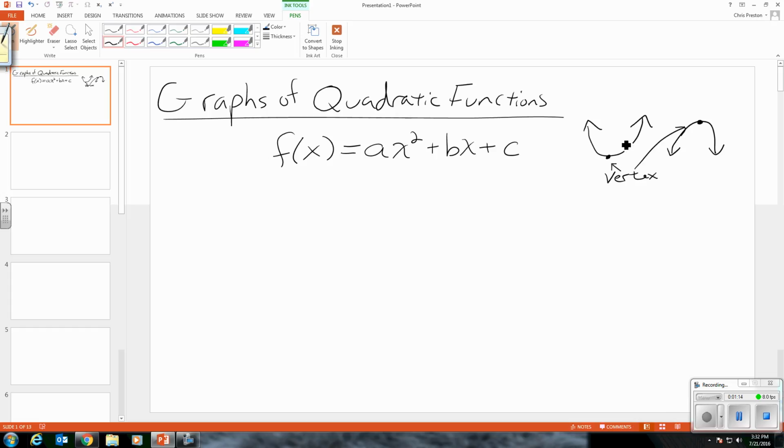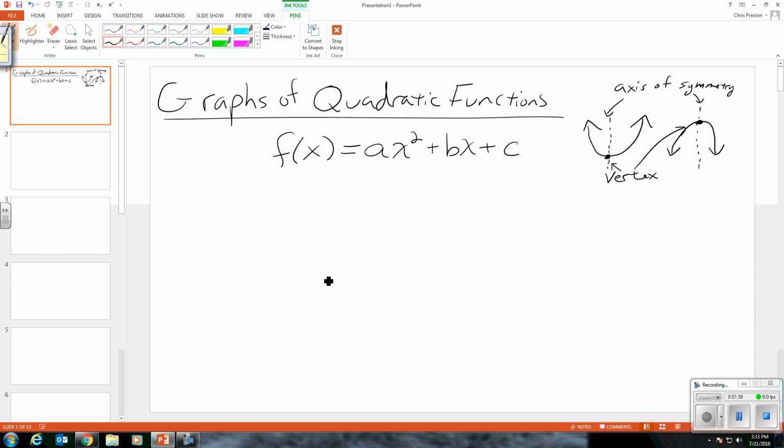Another feature of these is that they are symmetric to a vertical line. My drawings may not be all that symmetric, but they're supposed to be symmetric to a vertical line. We call this the axis of symmetry, and the vertex lies upon that axis of symmetry.